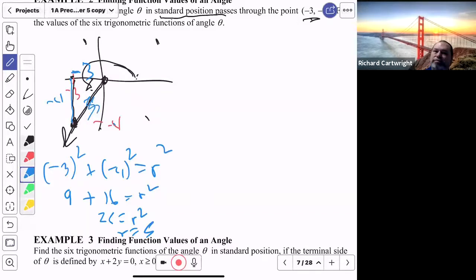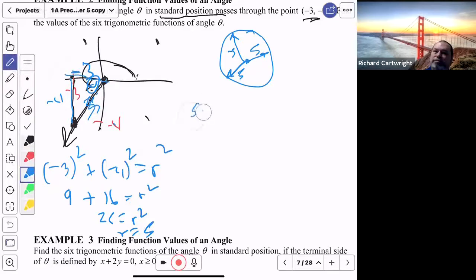I hope you realize that in a circle, the radius is always a positive number. It doesn't matter where I put it. Okay? So, here's my theta. It's that small angle between the x-axis and the terminal side. Always.